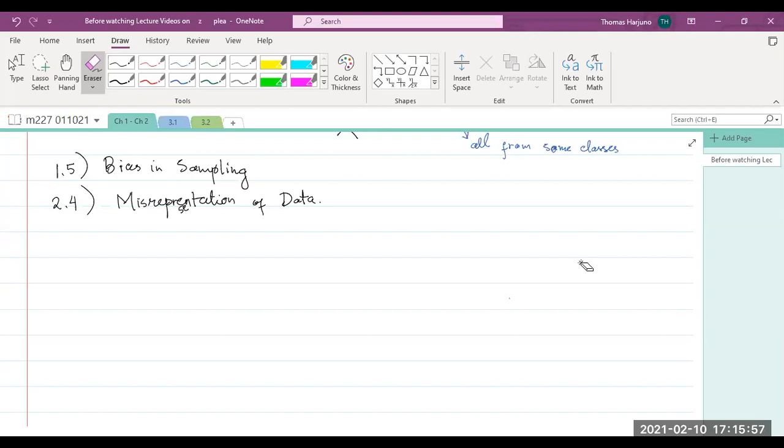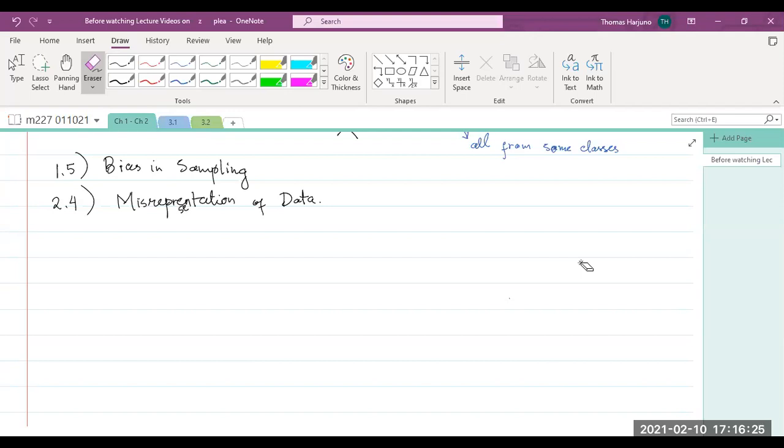Now, if one of these people or organizations supports dining in the restaurant, then I will purposely misrepresent the data. I will pick and choose, honestly. I will pick and choose the data to show that dining in a restaurant is still safe, even though that may not be right.